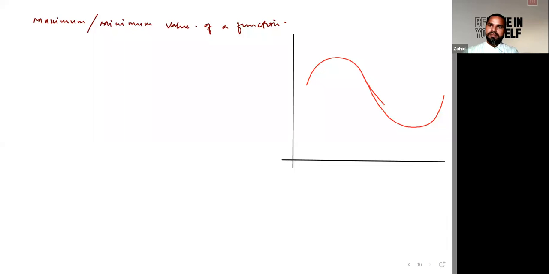Let's say if you have a curve like this, and if you draw a tangent to this curve at this point, and let's say at this point.